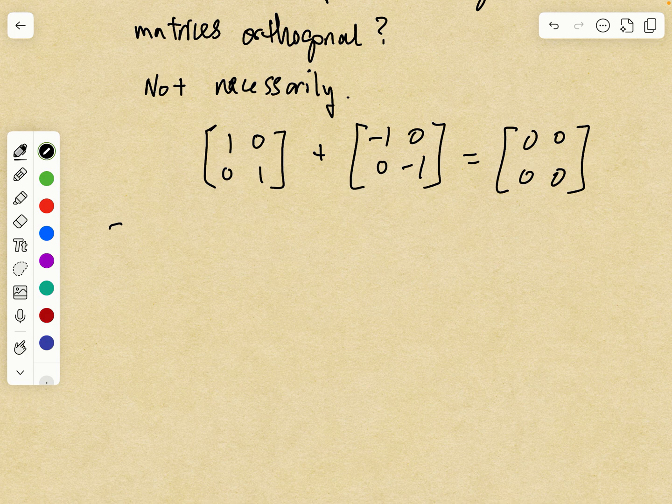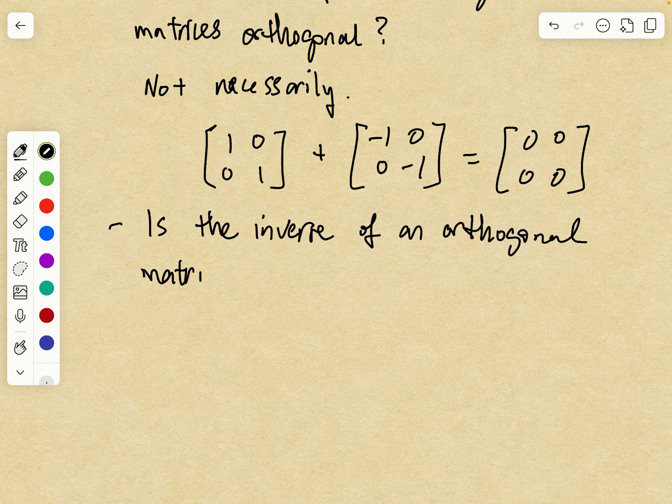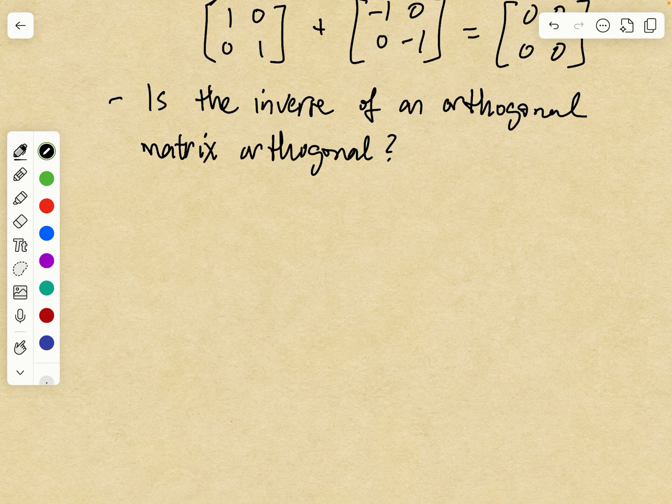What about the inverse? Is the inverse of an orthogonal matrix orthogonal? Okay, take a minute and see if you can figure this one out. All right, the answer is yes. Why is this true?